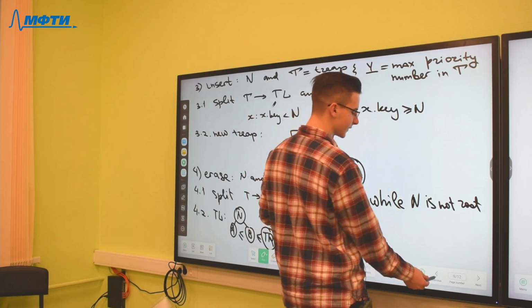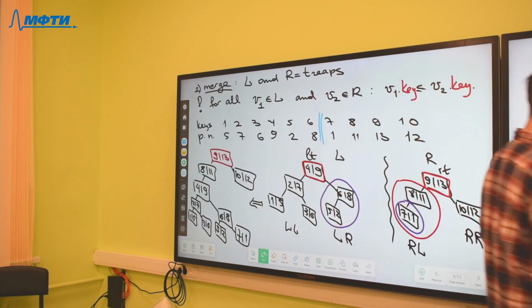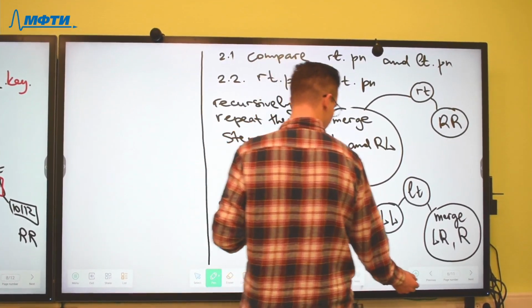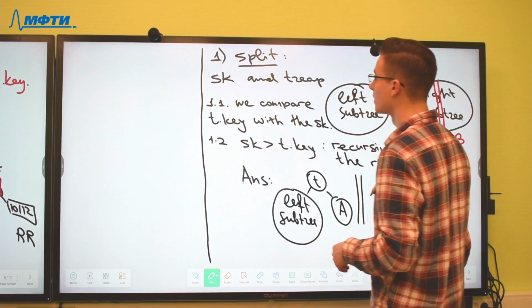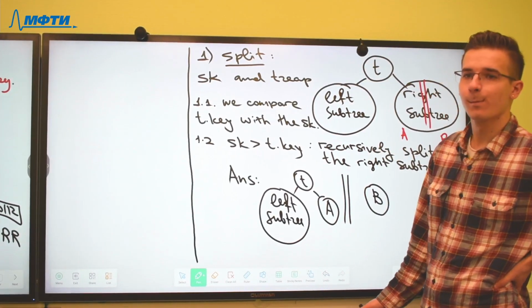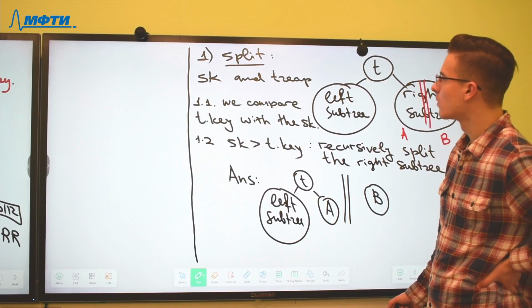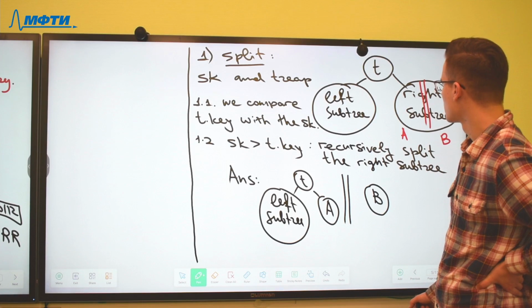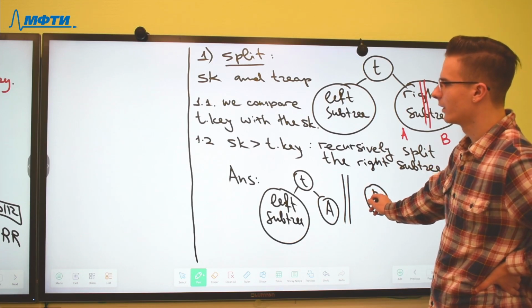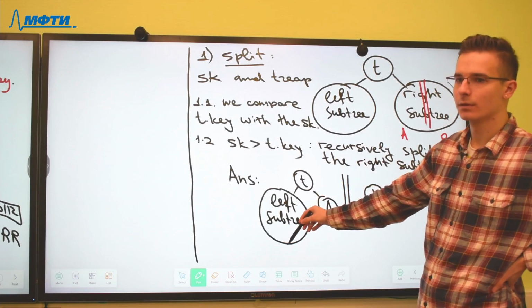Okay, and what is the asymptotic time of splitting? The depth of the tree? We compare their roots and then we go down in this tree.